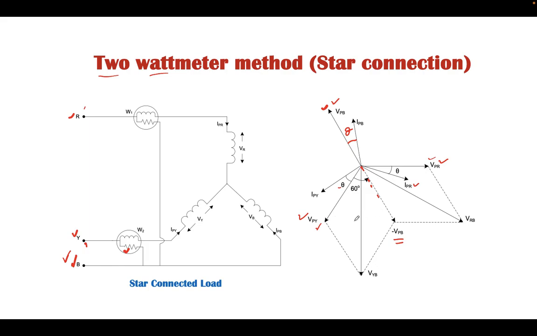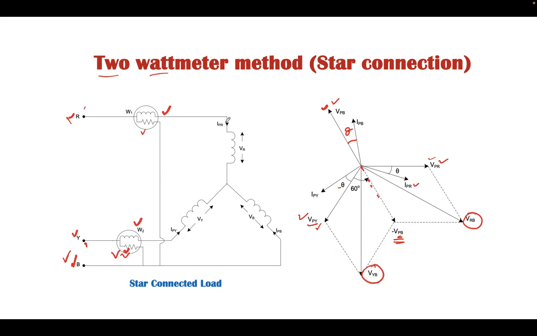Now, in this case, if this voltage is reversed, Vr minus Vb is the potential across W1, and Vy minus Vb is the potential across W2.